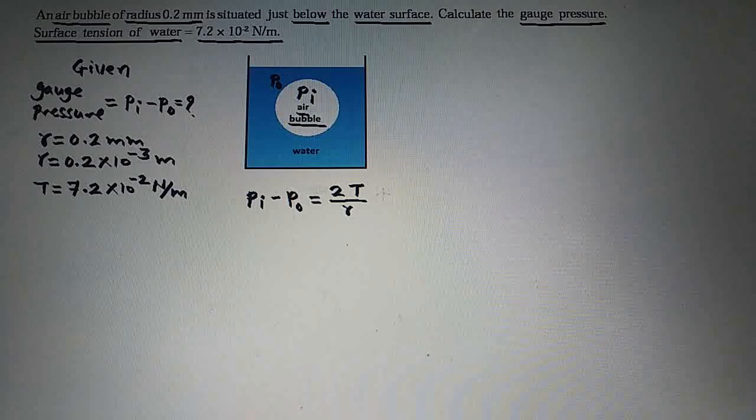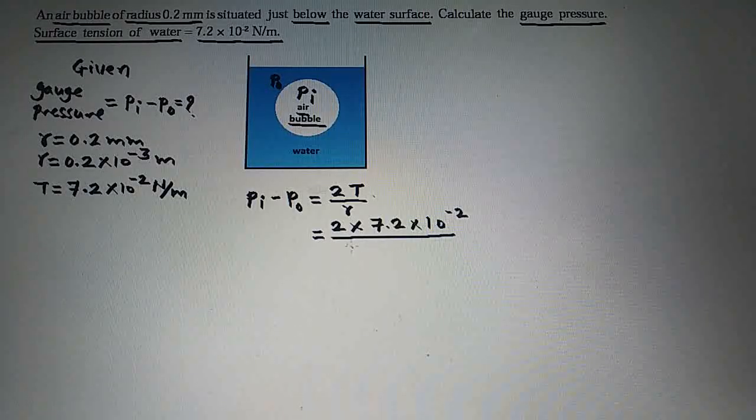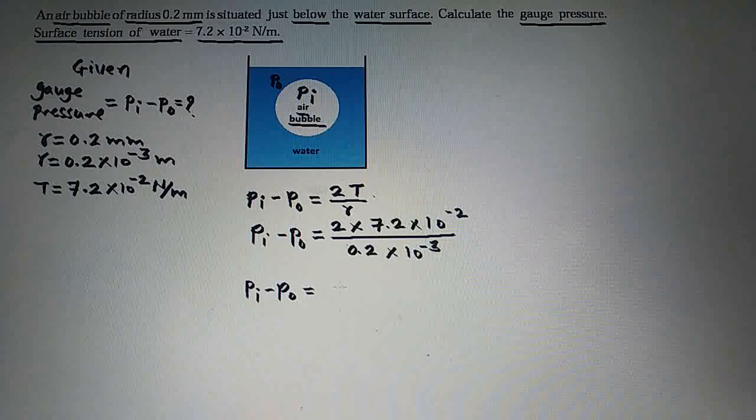Now if we put the values of surface tension and radius, we can write 2 into T, that is 7.2 into 10 raised to minus 2, divided by R, that is 0.2 into 10 raised to minus 3, and it is equal to Pi minus P0, the gauge pressure. So Pi minus P0 is equal to 2 into 7.2 divided by 0.2.